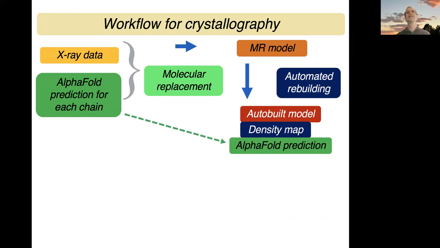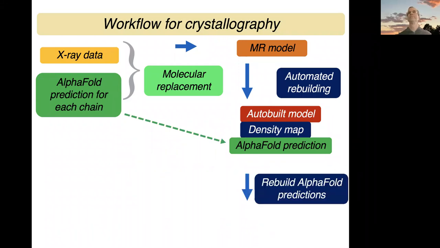So now we're going to take the AlphaFold prediction for chain A and our auto-built model for chain A and our density map, and then we are going to put those things together to try to make the best possible model. And we might do that by hand, or we might do it automatically. So we're going to rebuild the AlphaFold predictions based on our auto-build model.